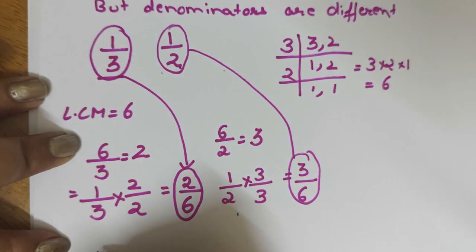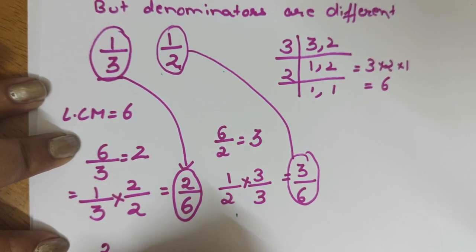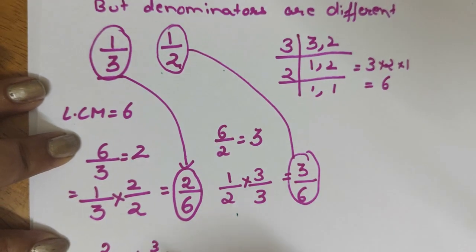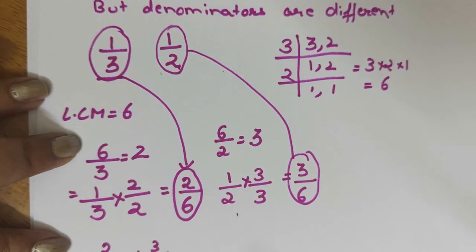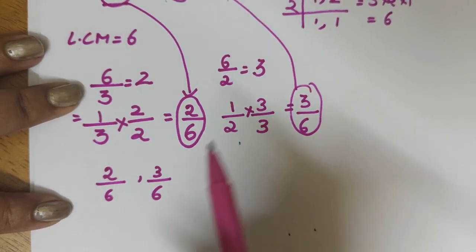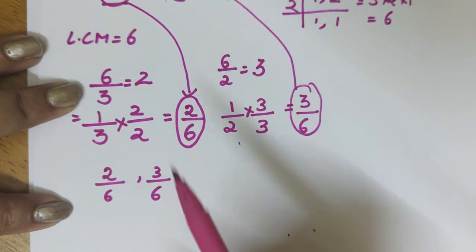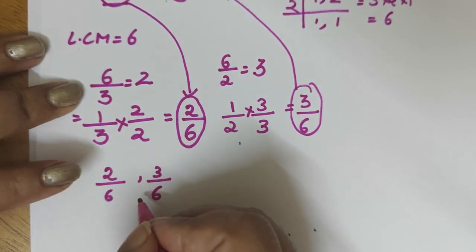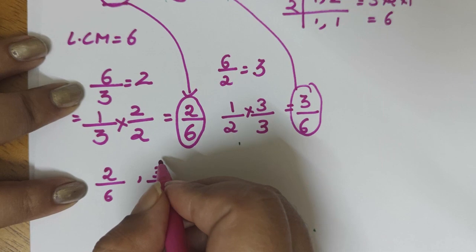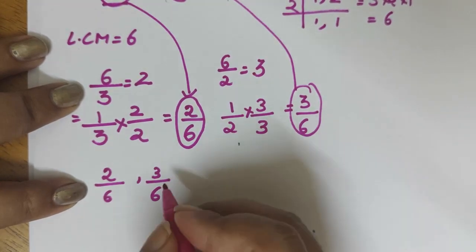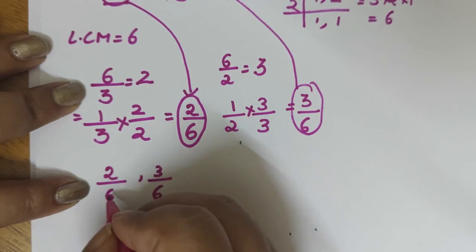So now the two numbers which I have are 2 by 6 and 3 by 6. Now the denominators are equal, so we can use the same rule. If the denominator is equal and it's a positive number, whichever rational number's numerator is bigger is the bigger number. So 3 by 6 is bigger than 2 by 6.